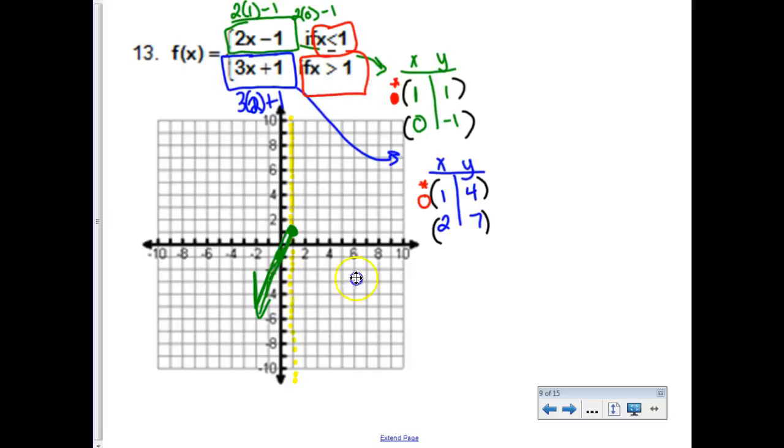Okay, so using my blue ink, I'm going to put an open circle at 1, 4. And then I'm no longer on the boundary line, so you're just plotting regular old points, 2, 7. Then play connect the dots with me. Again, pretend that was straight. Now, that is what your piecewise function looks like.